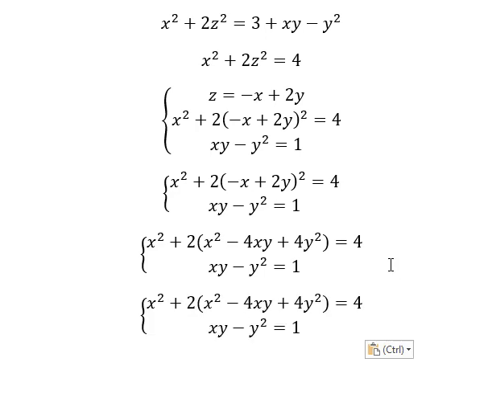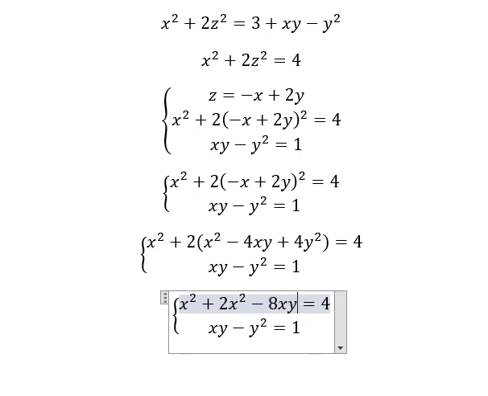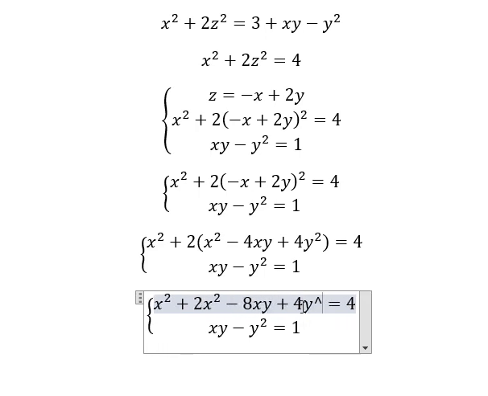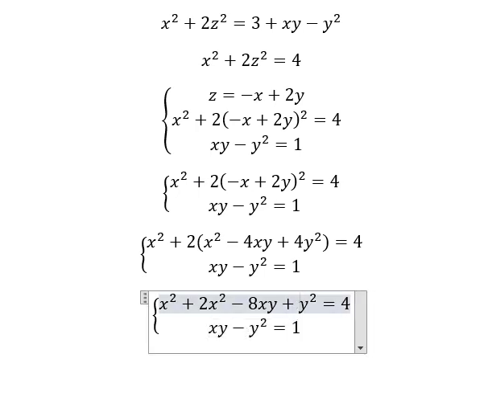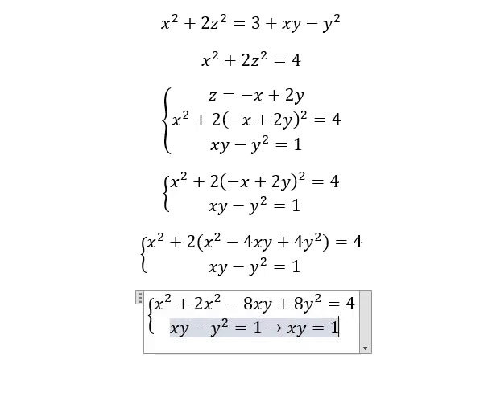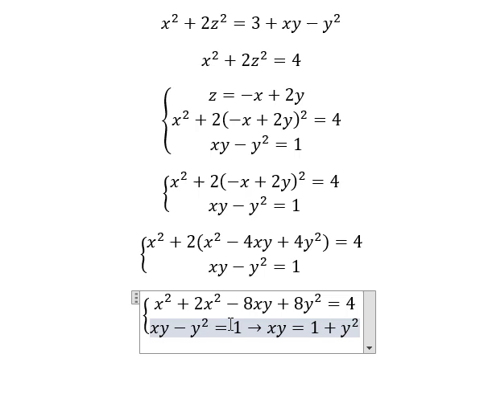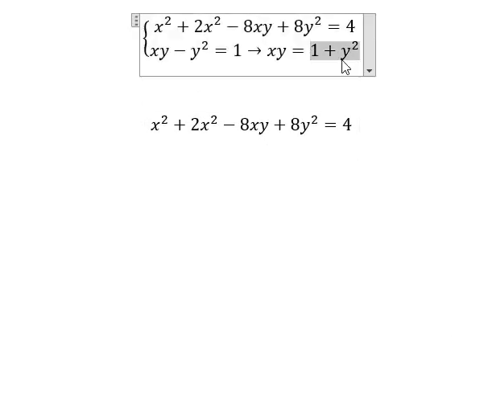So this one, we have 2x squared minus 8xy plus 4y squared. Sorry, this is number 8. Now we put this one to the right. So we can transform xy into this one. So we put this one in here.